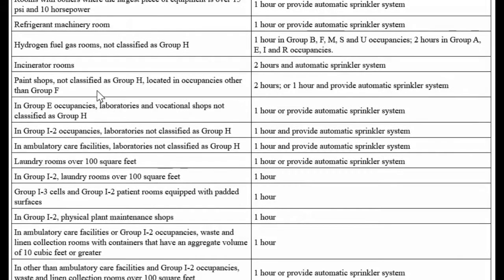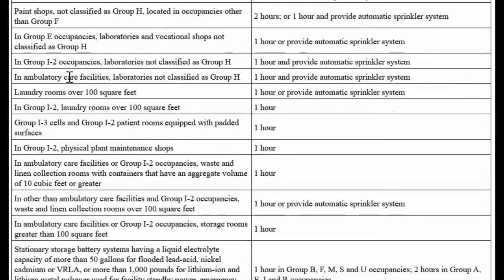But if we scroll through, we will see there are some that are very specific just to I2 occupancies, which is our hospitals. In group I2 occupancies, laboratories that are not classified as high hazard, we need 1 hour fire resistance rated walls and an automatic sprinkler system.